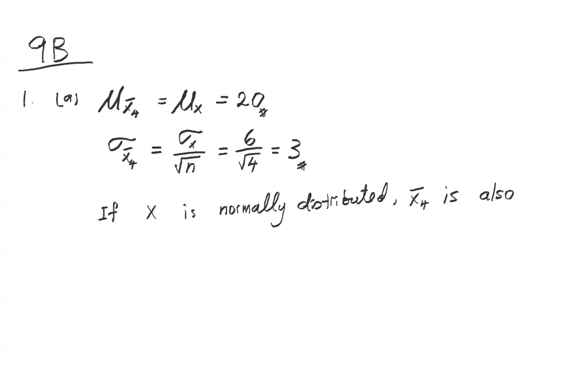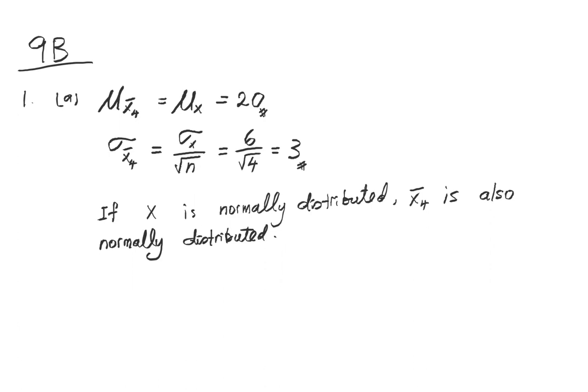Hello? Are you writing down? It's also what? It's also normally distributed, correct? Regardless of the sample size. Am I right? Okay, so now can you please sketch the graph?